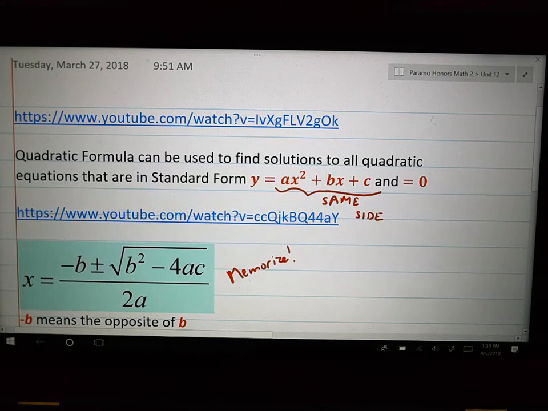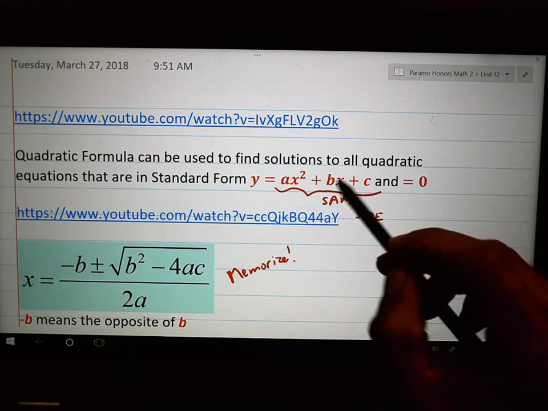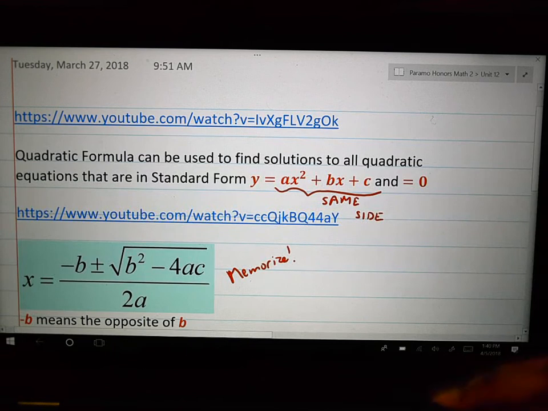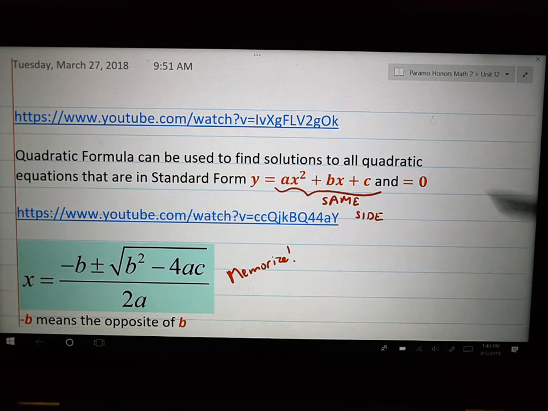If it is not in standard form, you need to put it into standard form before you can use the quadratic formula. And of course, this is where it is equal to 0, so you're finding solutions, or places where this crosses.